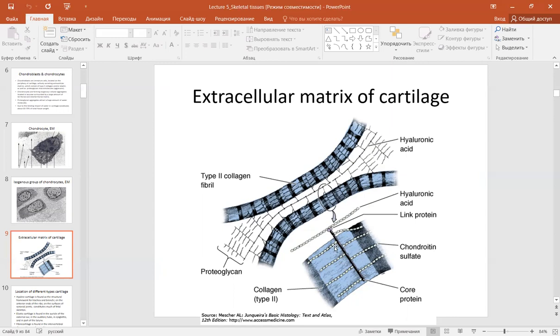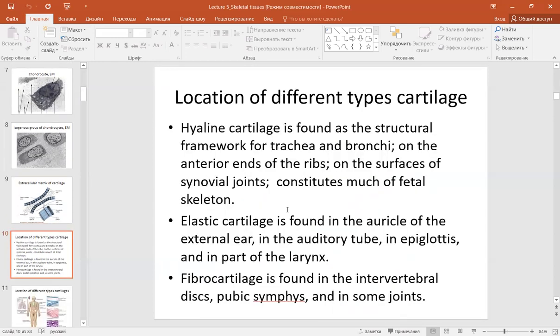That is why the cartilaginous tissue is highly hydrated. 60% of the total weight of the tissue is represented by water.